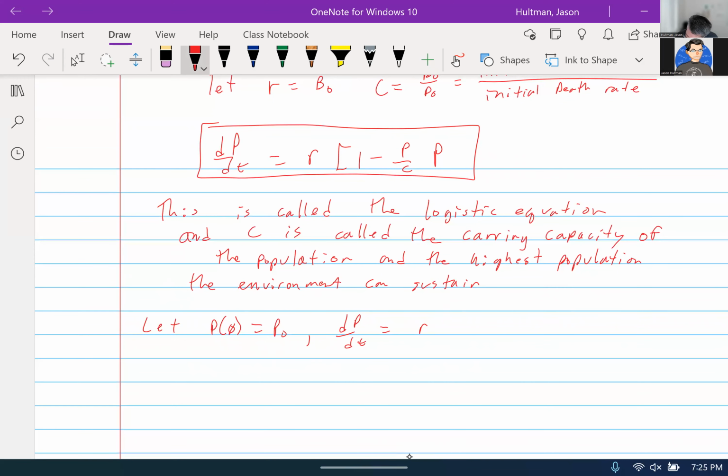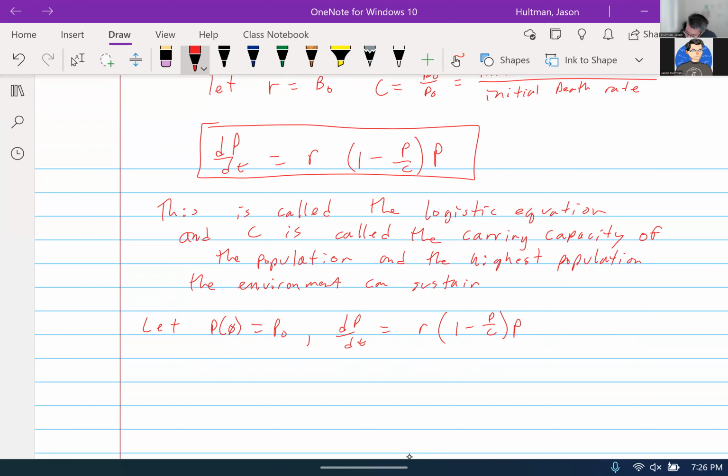I should really write this with parentheses. dP/dt is equal to r times 1 minus P over C, times P. Okay, so let's try to separate this.